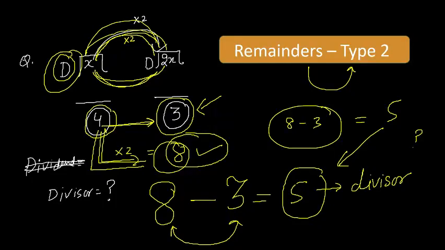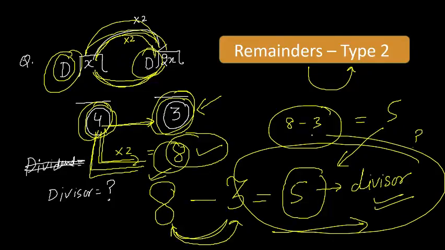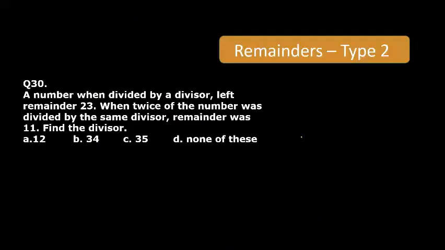He is doubling, and here we are getting 4, and here we are getting 3. So I think it should be 4 twos are 8. But why is it not 8? Because it might be less than it. So just minus it. 8 minus 3, you will get your answer. It is your divisor. I hope it is clear. So this is type 2.